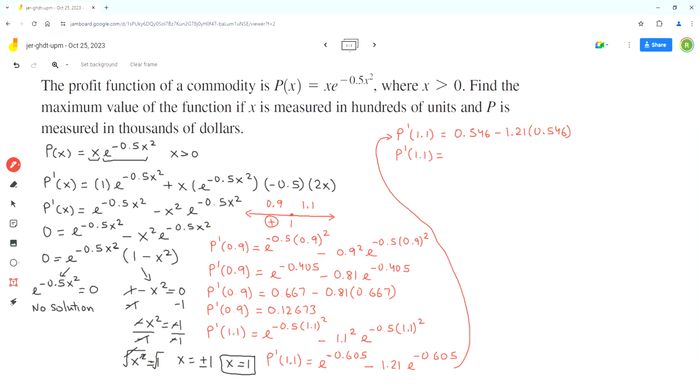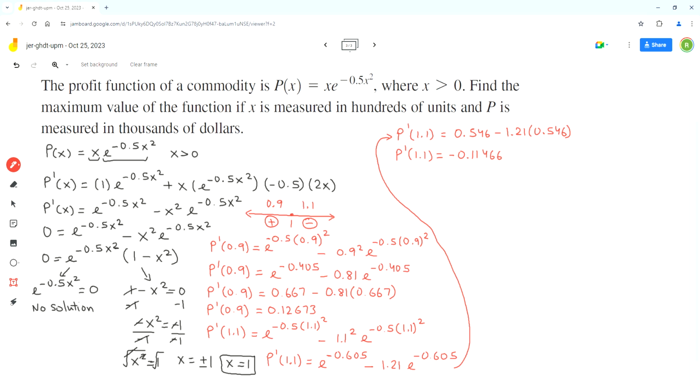So I got negative. So that means the first derivative is negative on the right side of x equals 1. That means the function is decreasing on the right side of x equals 1.